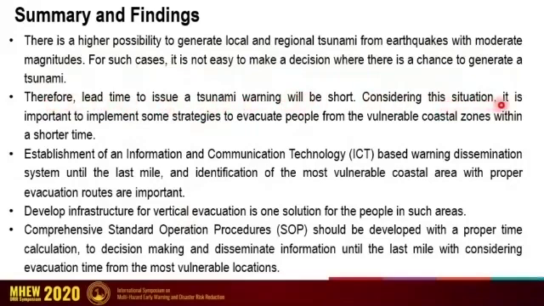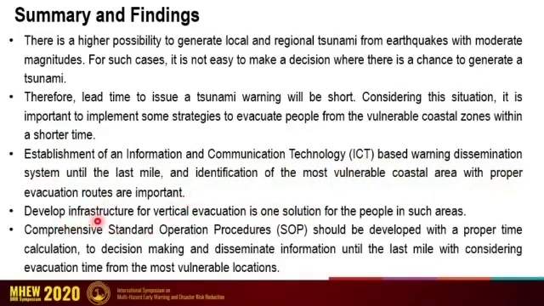Considering this situation, it is important to implement strategies to evacuate people from vulnerable coastal zones within a shorter period. Establishing an information and communication technology based warning dissemination system until the last mile, and identifying the most vulnerable coastal areas with proper evacuation routes, are important.